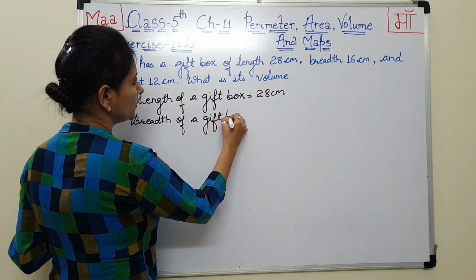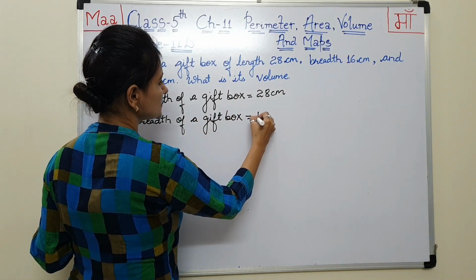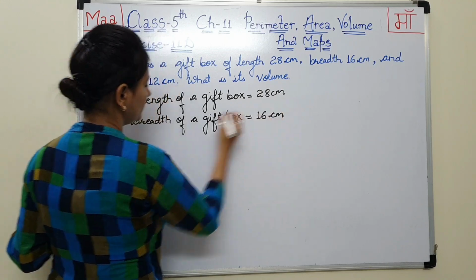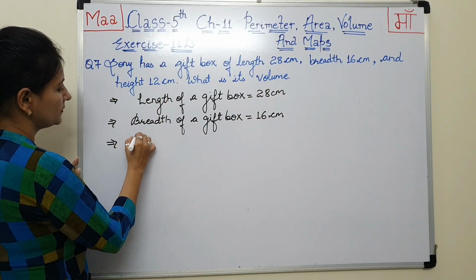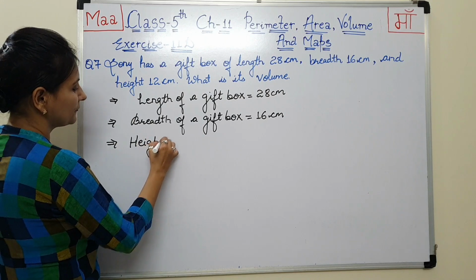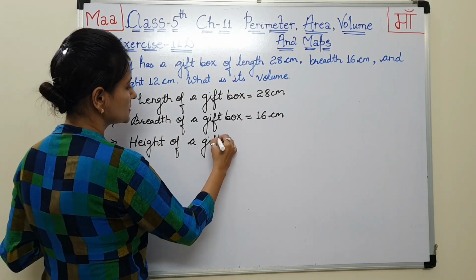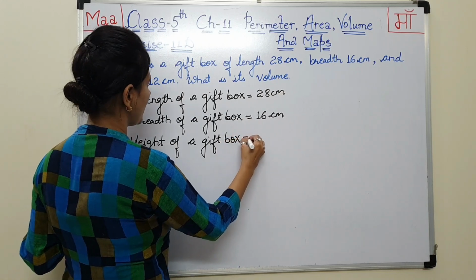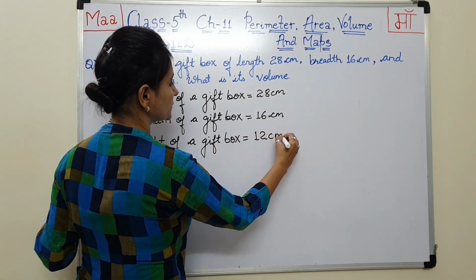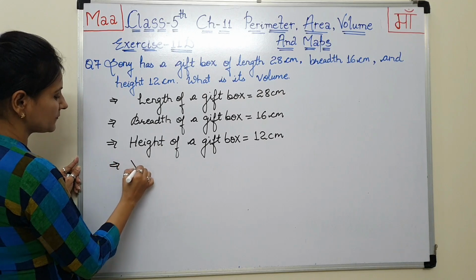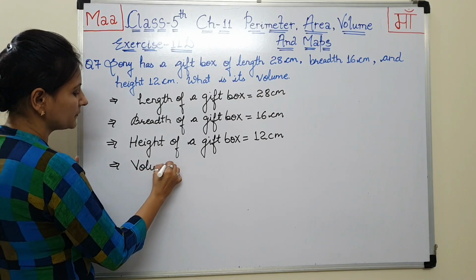Okay, so which is given as 16 centimeter, and then you will mention the height of a gift box which is given in the question as 12 centimeter. Okay, simply now we have to find the volume of a gift box.